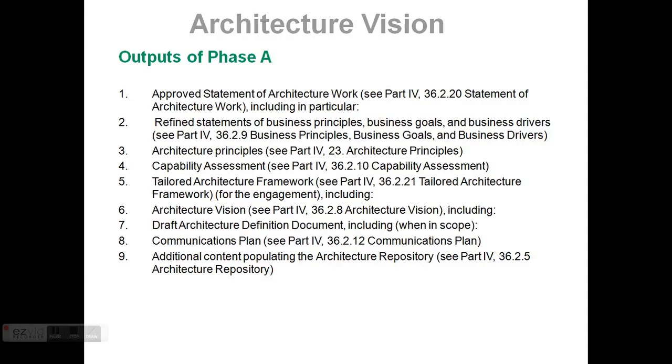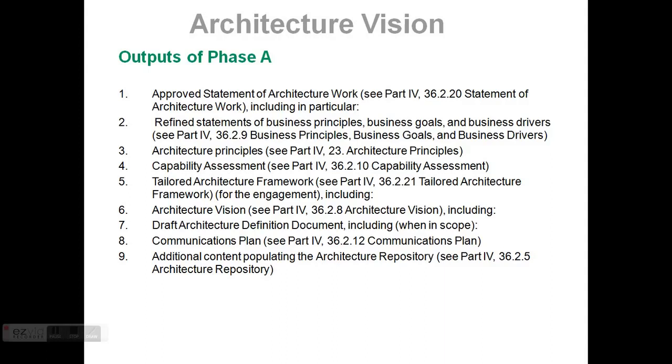In output number 5, we need to make sure we put a tailored architectural method, and tailored architectural content, such as deliverables and artifacts. We need to make sure to put configured and developed tools in place into that document.